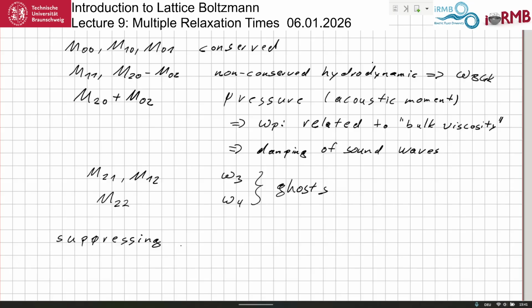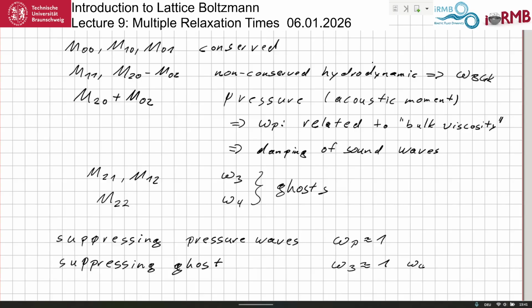So you can suppress pressure waves if you put omega, say, close to 1, setting it to equilibrium. And you can suppress the ghosts. I mean, this is an idea. It's not necessarily true that this is the best solution, but this is an idea that you could have.